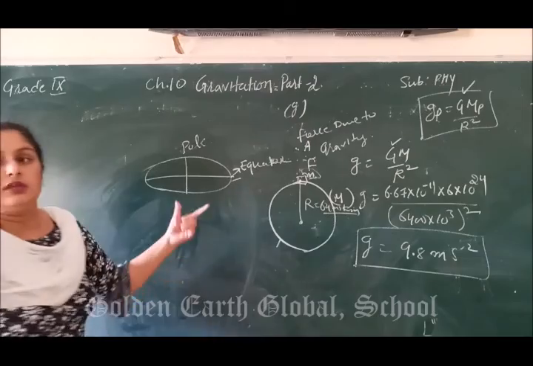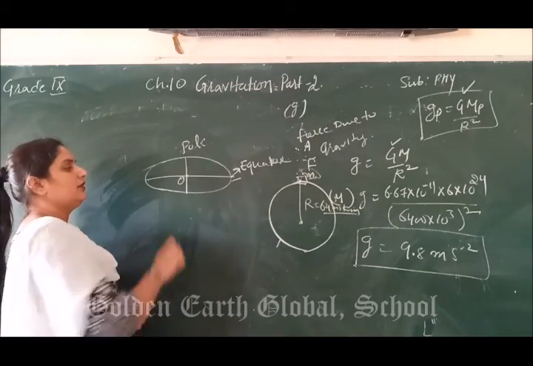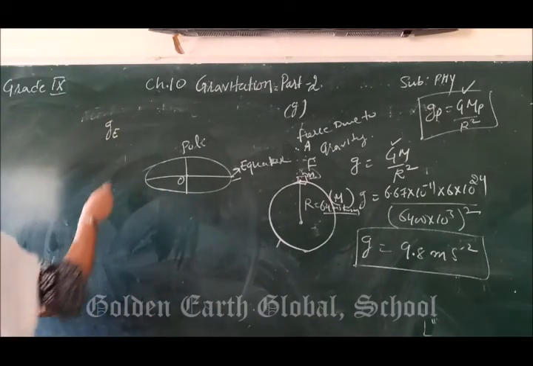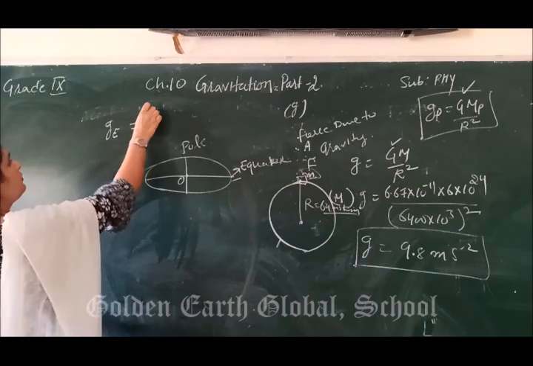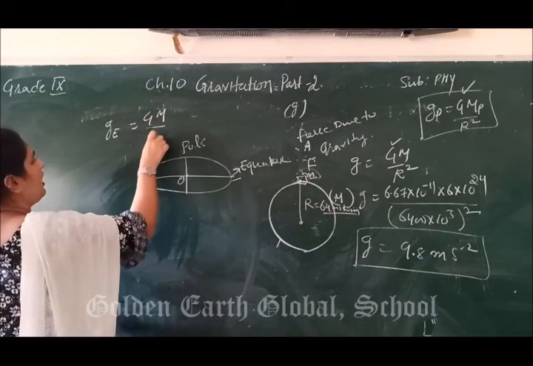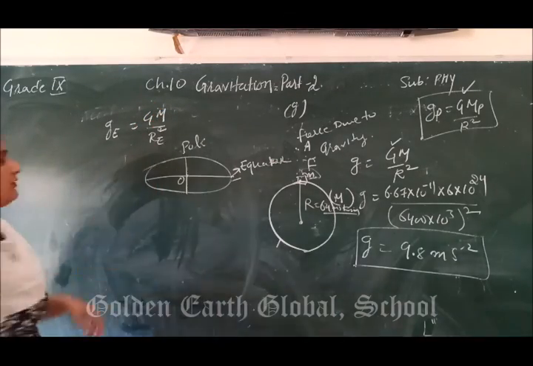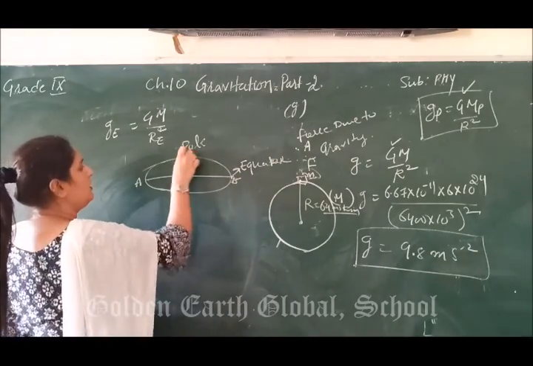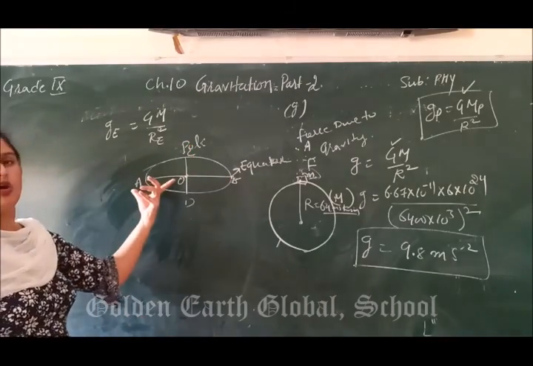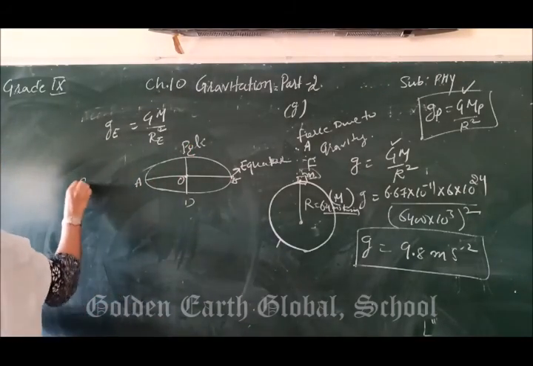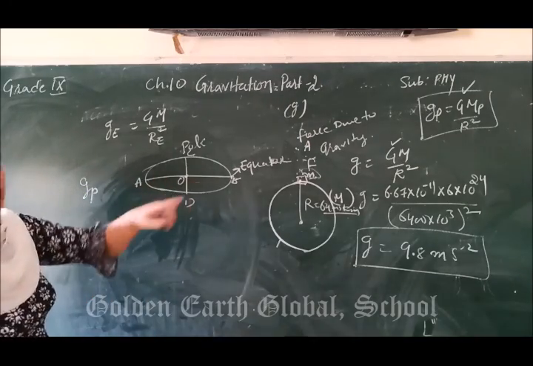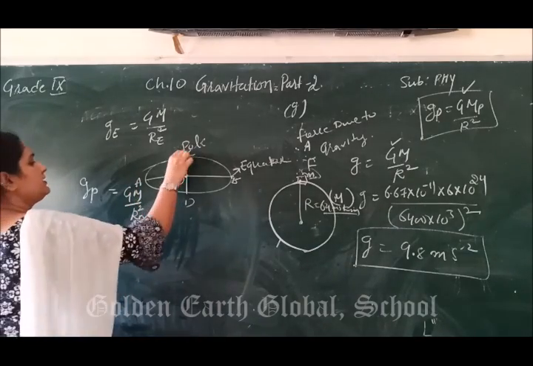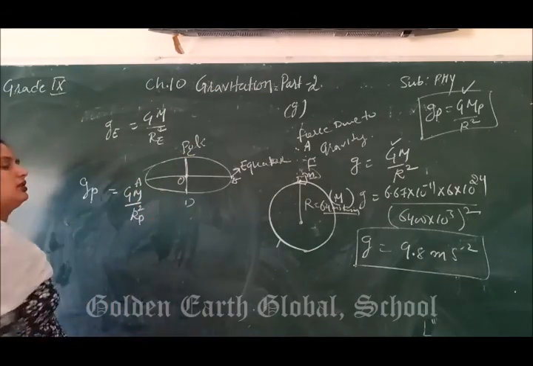Now, as is clear from the figure, the acceleration due to gravity at equator, g equator, will be equal to G M upon R e square. R e means the radius at the equator, this much, or name it as O A B C D. You can consider OB or OA. Similarly, you can calculate g at pole. At pole, it will be equal to G M upon R p square. The radius of the pole is this much, OC or OD.